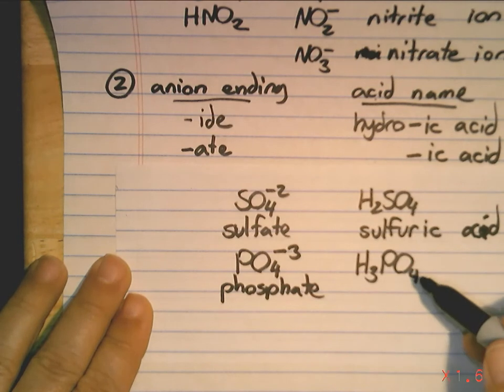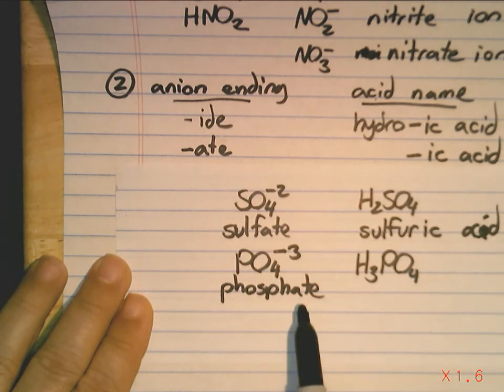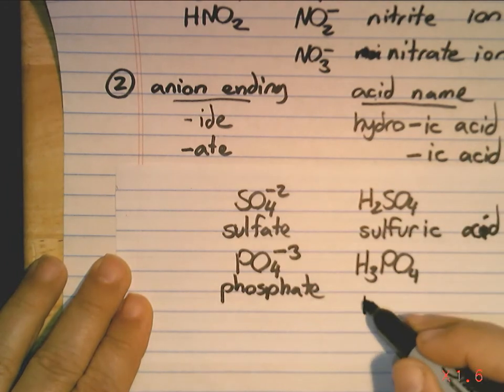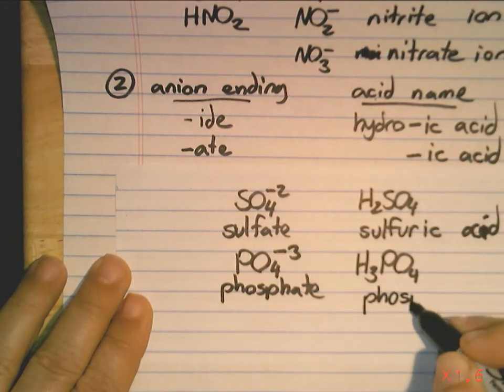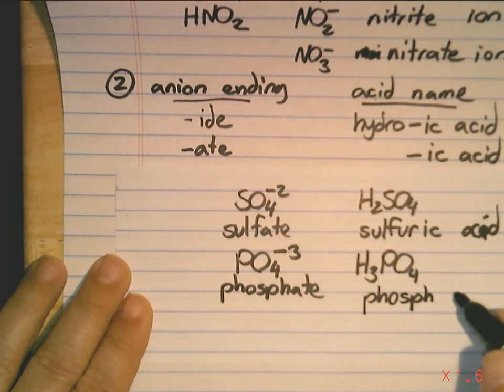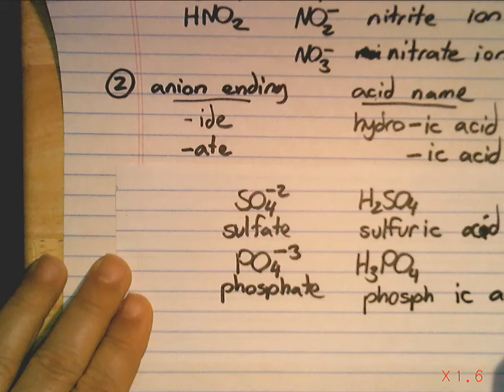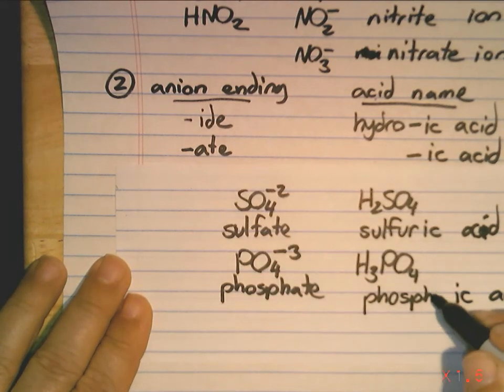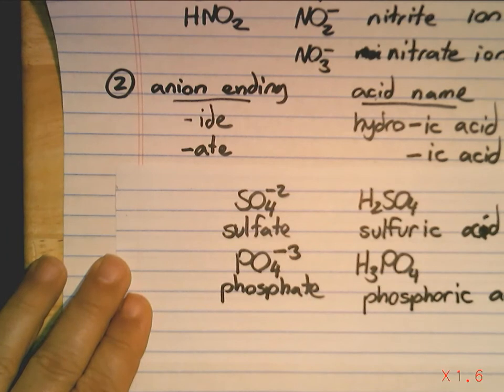So what do we call this? I would cut the ATE ending off and replace it with ic acid. So I might think phosphoric acid. But that sounds kind of funny, phosphic acid. So I put phosphoric acid. That's phosphorus in there.